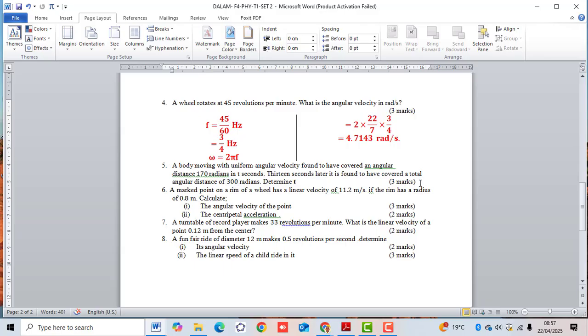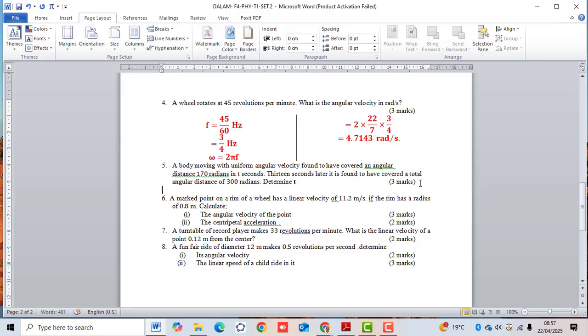Determine t. Let us do it, then you direct me how you worked it out.